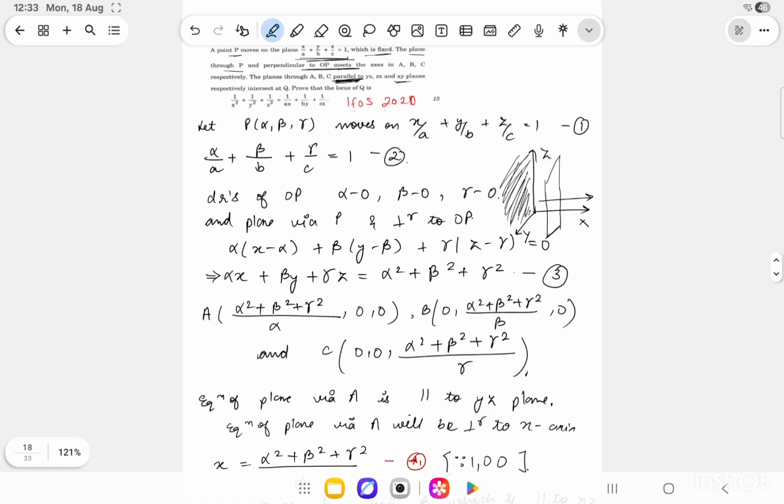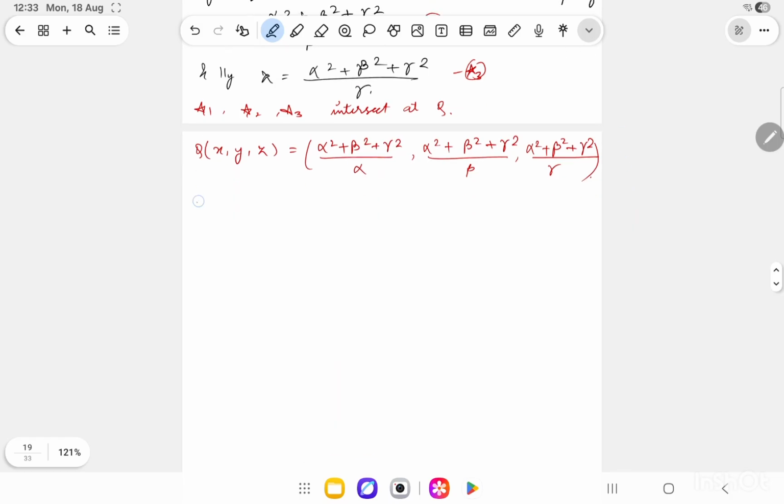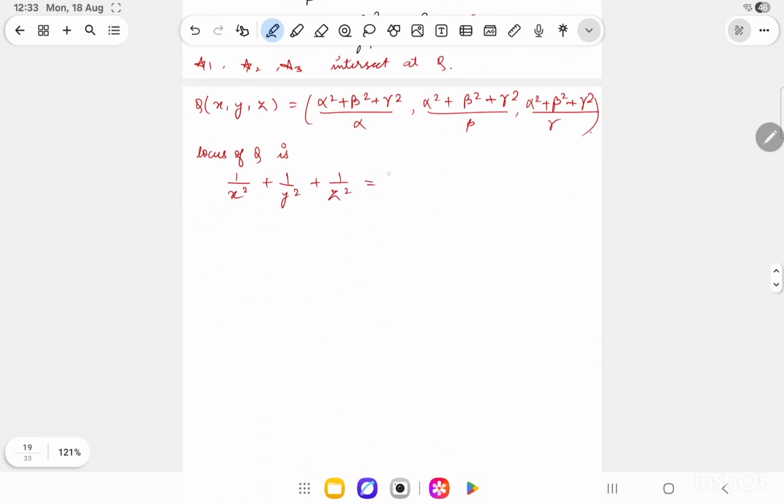So they have asked us to prove that the locus of Q is 1 by x square plus 1 by y square plus 1 by z square equals 1 by ax plus 1 by by plus 1 by cz.